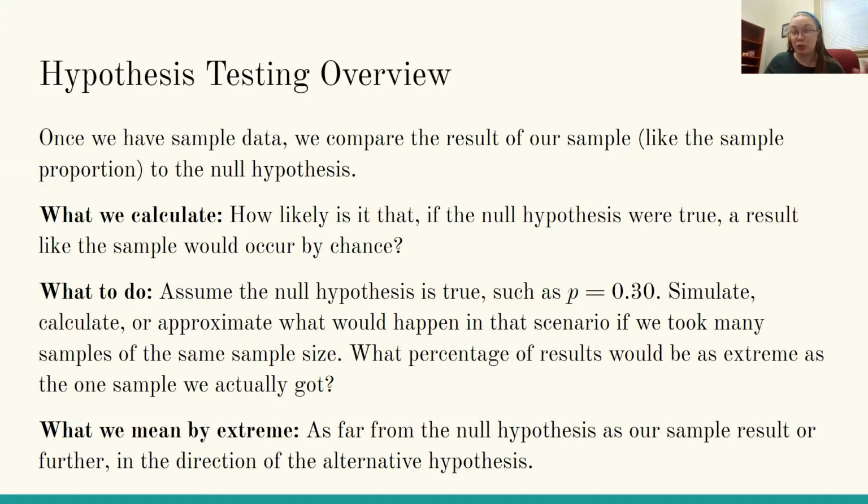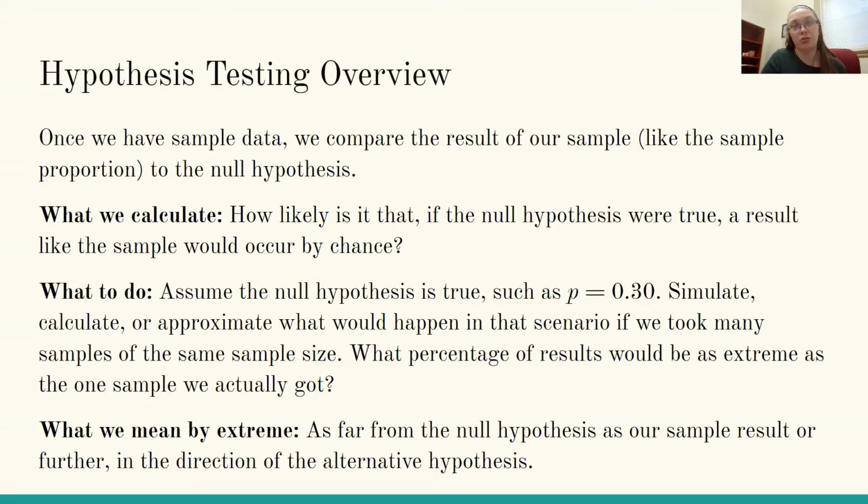What do I mean by extreme? I keep using that word. That's basically saying that a sample result is as far away from the null hypothesis as our sample was, or even further. But we only care about that in the direction of the alternative hypothesis. So if our alternative hypothesis had a not equal sign, we would think about distance from the null in both directions.